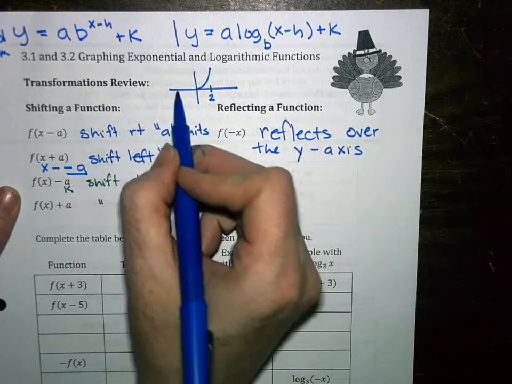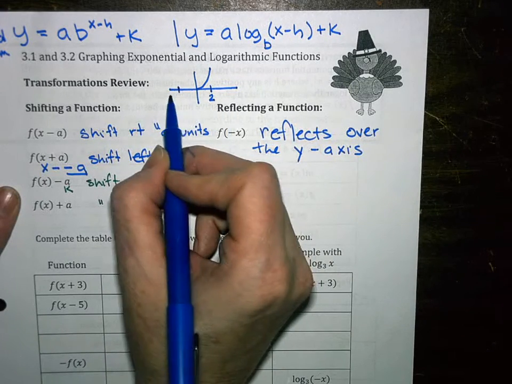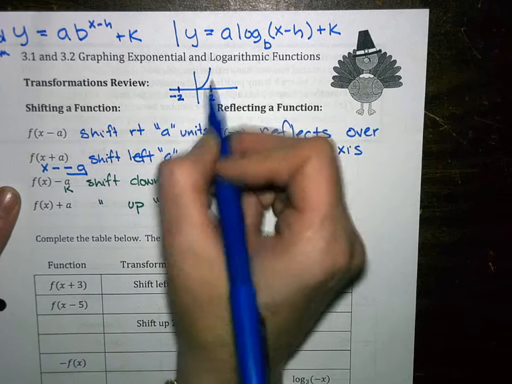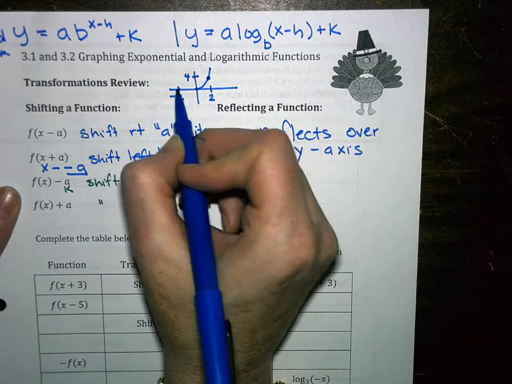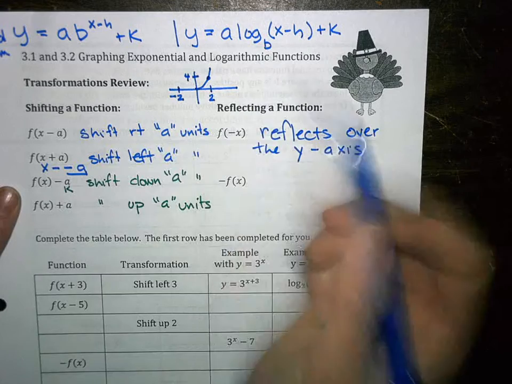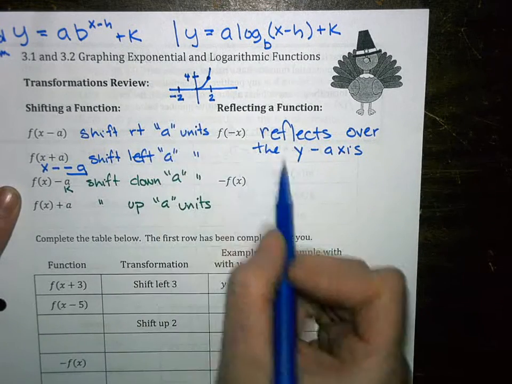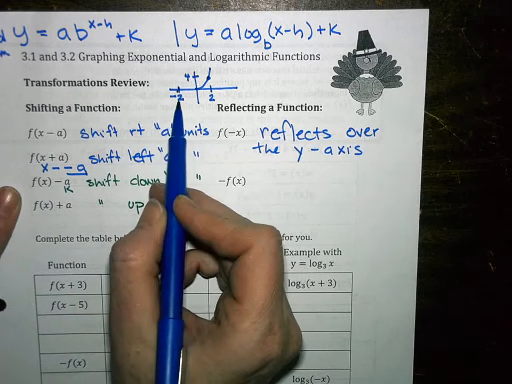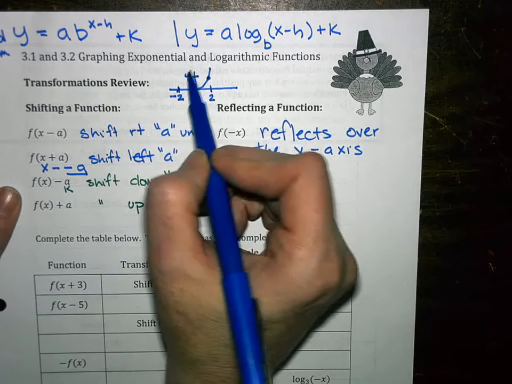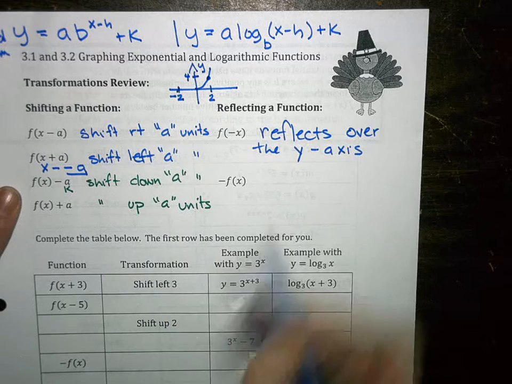Where is the graph at negative 2? If the graph at positive 2 is 4, when I take the same function at the negative value, it's going to flip over the y-axis.